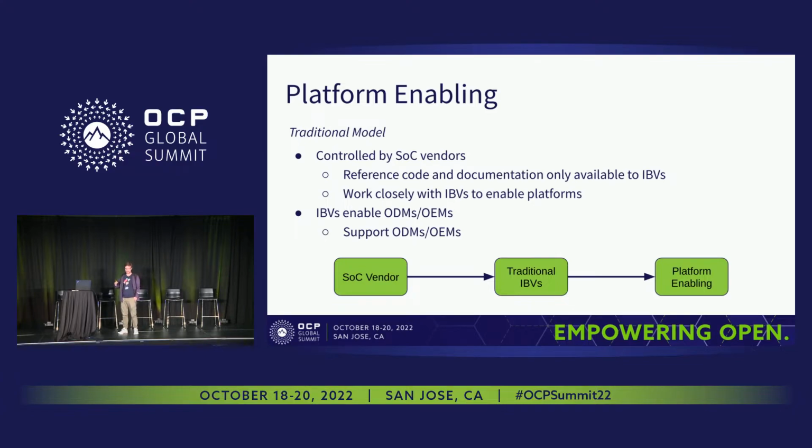SoC vendors and the traditional IBVs share reference code and documentation with each other, NDAs are in place, and so they work very closely together. And where that basically scales then is at the IBV, right? So the IBV then enables the platforms for the OEMs and ODMs, basically, and supports them while enabling these platforms. So it's a 1-to-1-to-N connection, let's say.